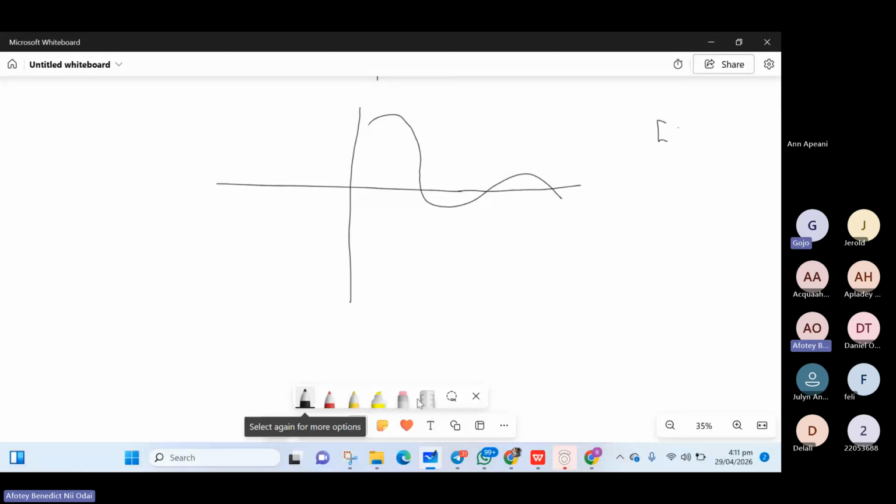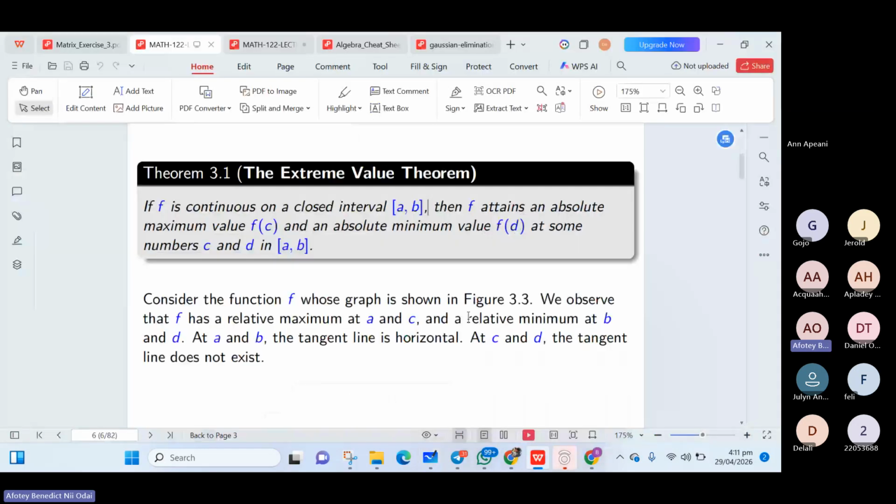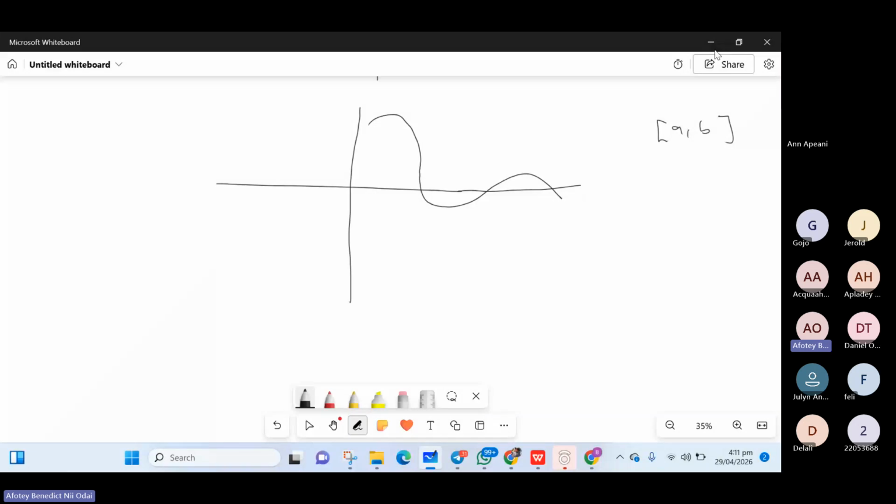Which value is it? I think they use a, b in the definition. Yes, they use a, b. Then there will be a point between this a and b that the function attains its maximum and also its minimum. So we can see clearly that.